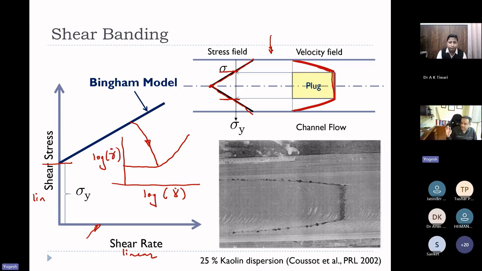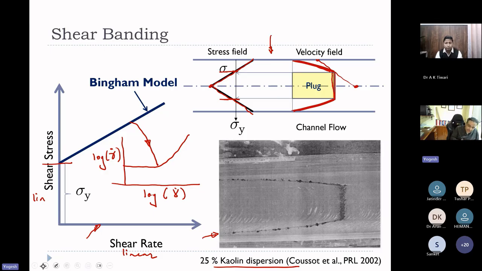And its manifestation in experiment is also actually shown over here. Okay. A beautiful experimental manifestation in a pipe flow or slit flow can be seen over here. All right. However, why does this occur? This occurs because the stress is non-homogeneous in a pipe flow or a slit flow. Stress continuously changes. Stress is zero at the midpoint and it increases towards the wall.